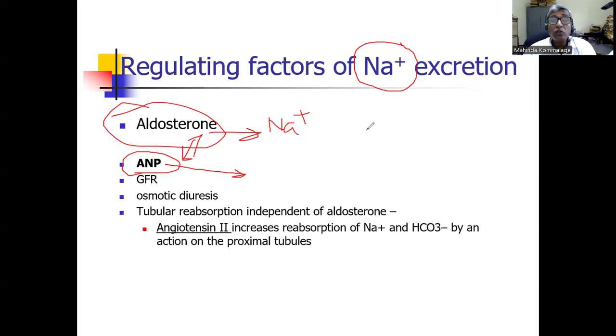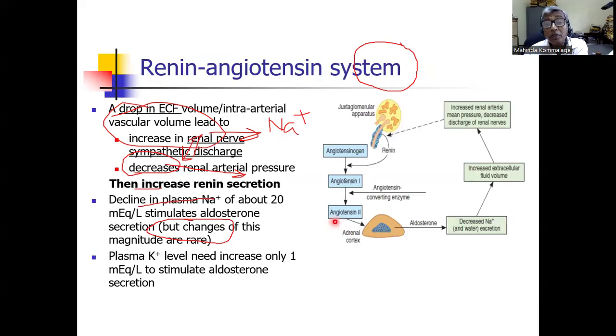In addition to that, sodium concentration is regulated by GFR. You will learn that under renal physiology: osmotic diuresis, and tubular reabsorption independent of aldosterone. That is, angiotensin 2 can directly act on the renal tubule other than acting through aldosterone, right? Here, you probably remember, this is angiotensin 2. It can act on the adrenal cortex and increase aldosterone.